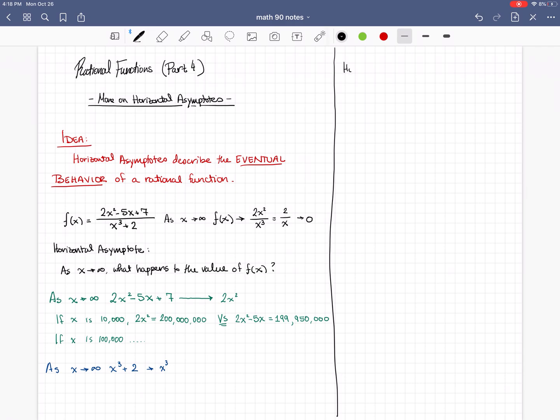So I'm going to call this a horizontal asymptote summary using the degree. And I'll say degrees plural because we're going to look at the degree of the denominator and the degree of the numerator. Okay, so quick definition. We're going to call d sub n the degree of the numerator.